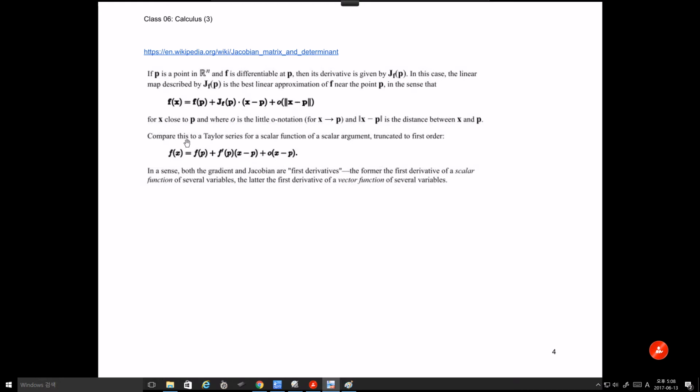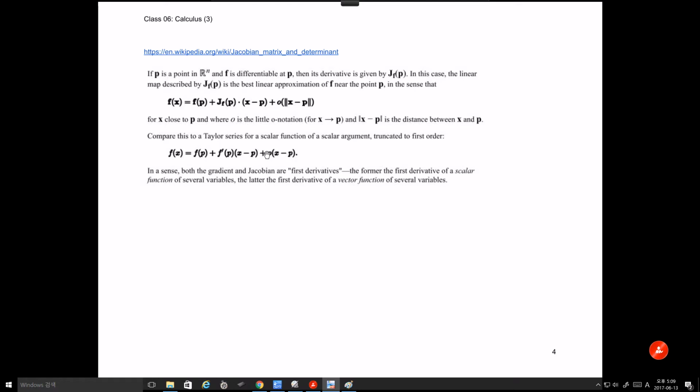Now compare this to a Taylor series for a scalar function of a scalar argument, truncated at first order. So it's a first order Taylor series expansion. The Taylor series expansion is f(x) equals f(p) plus f prime(p) times (x minus p), and the second order, third order terms we all regard as small numbers if x is close to p.